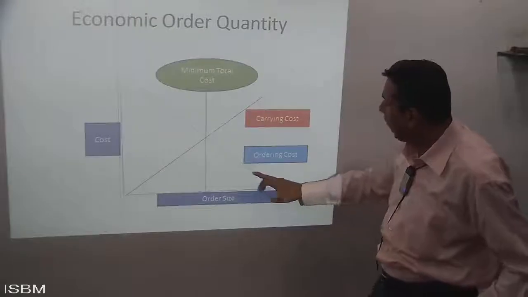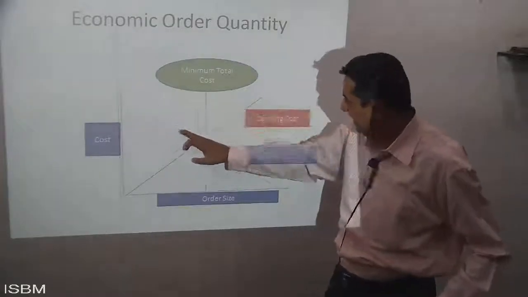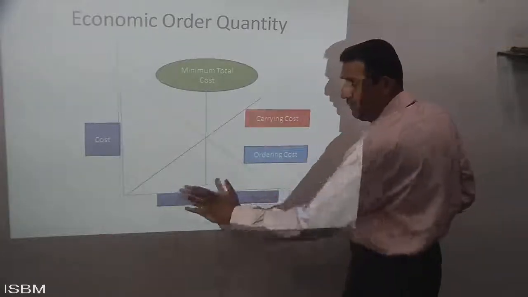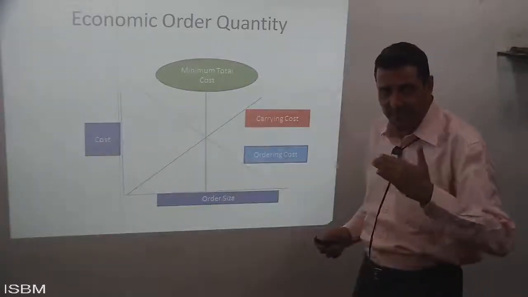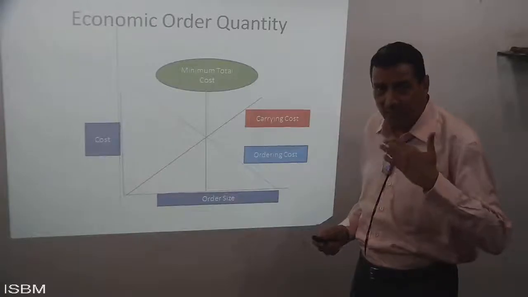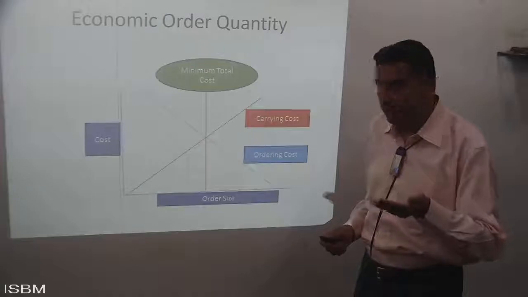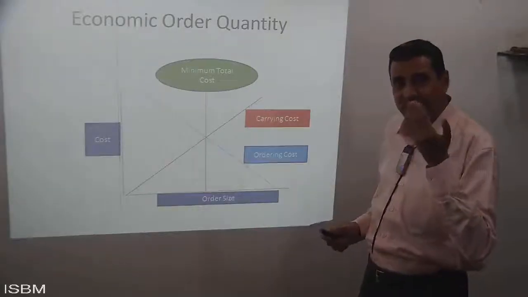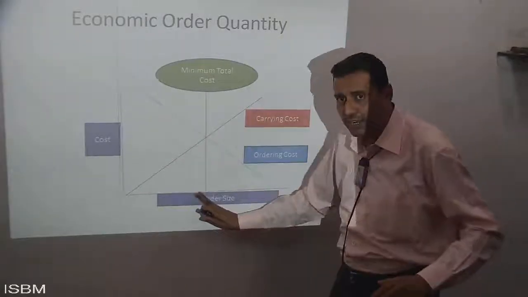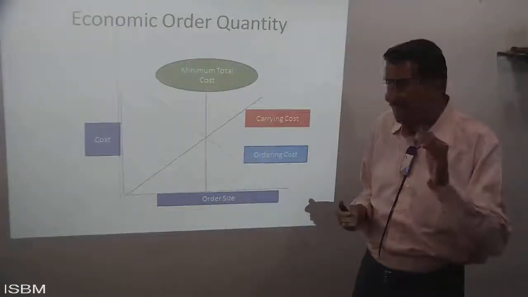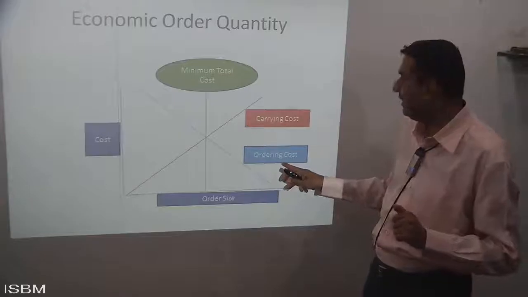Ordering cost is just the opposite of carrying cost. It is totally related to the order size. If you increase the order size, what will happen? Your carrying cost will decrease and your ordering cost will increase. But if you decrease the order size, your carrying cost will increase and your ordering cost will decrease.